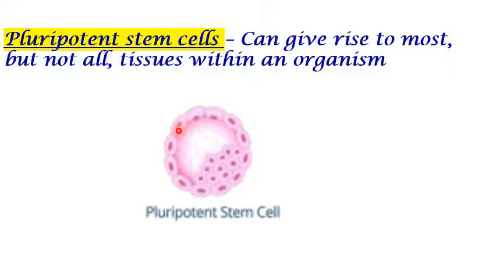The best example for pluripotent stem cells is embryonic stem cells, which are unique cells that exist in the early embryo. See, this is the pluripotent stem cell, the inner mass of this. The inner mass gets converted into different types of germ layers, that is mesoderm, ectoderm and endoderm.